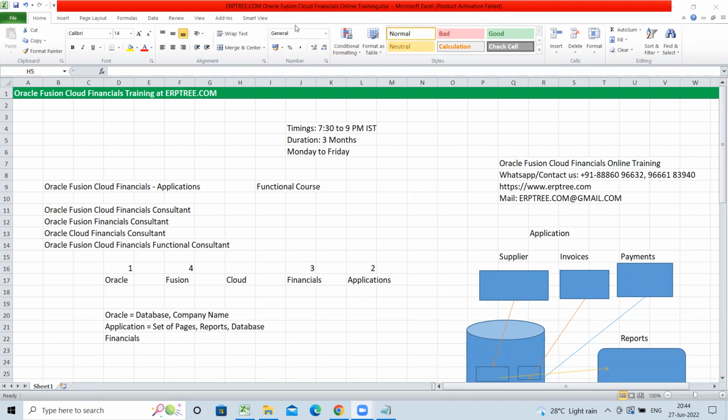They are not much bothered about whether the experience is real or not, frankly speaking. When it comes to experience, people are taking some support from consultancies. That's how they are getting entry into companies. This is what is happening in the market.